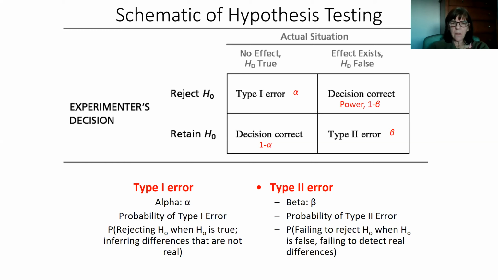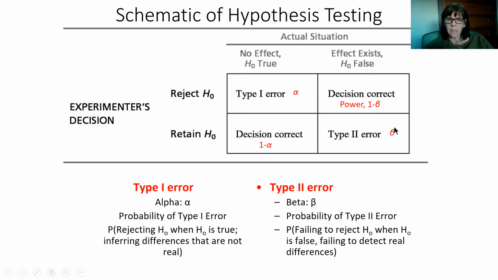Power is 1 minus your type 2 error rate. So if you have a 10% chance, beta, type 2 error rate, of failing to reject the null hypothesis, retaining the null hypothesis, when actually there is an effect and you should have rejected the null hypothesis.